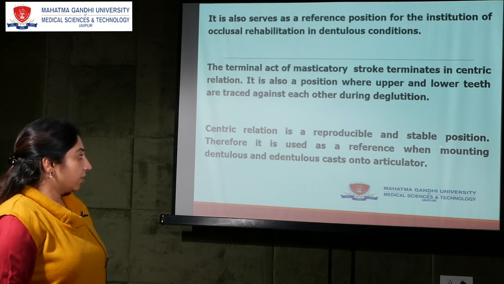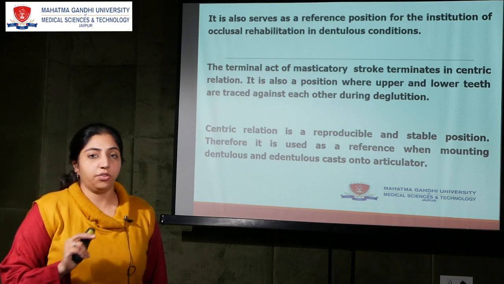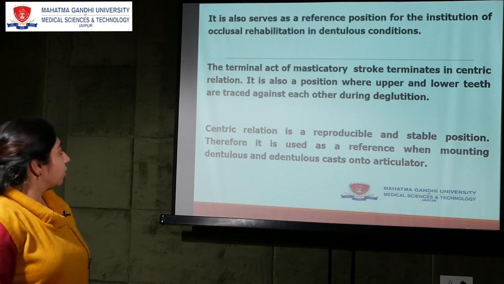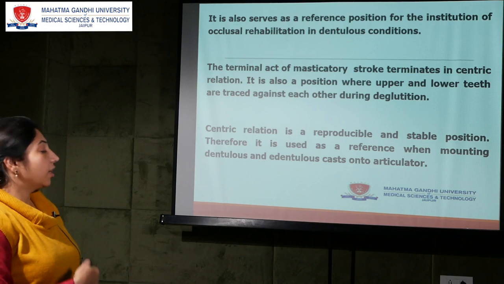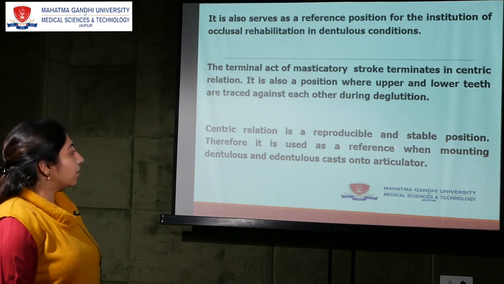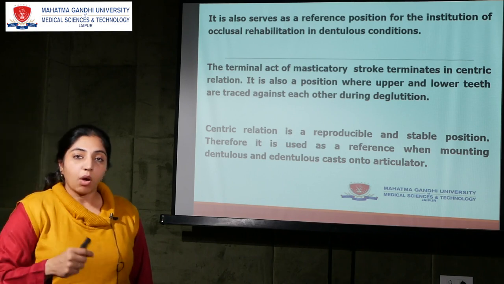It is stable because once you have given the right conditions to the patient, the centric relation does not change. We have already seen how centric is a reproducible and repeatable position. Therefore, it is used as a reference position when you start arranging the teeth and mounting the cast.